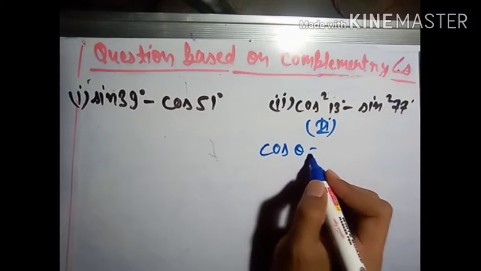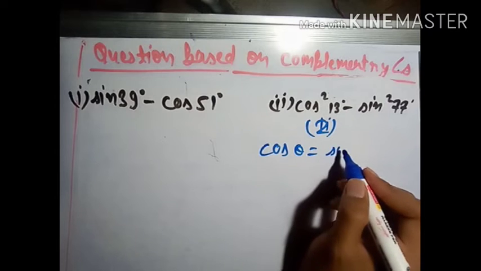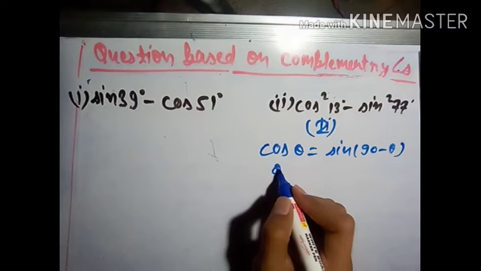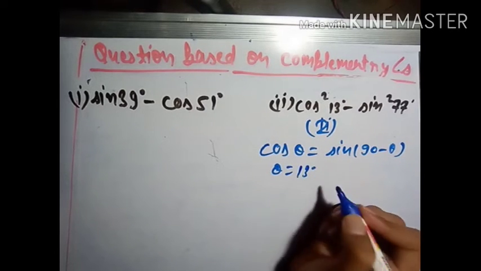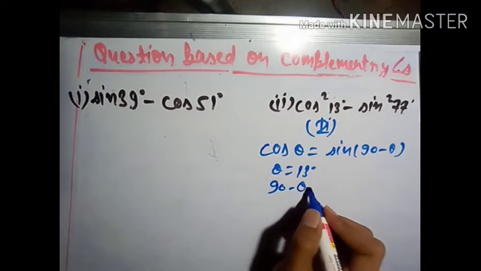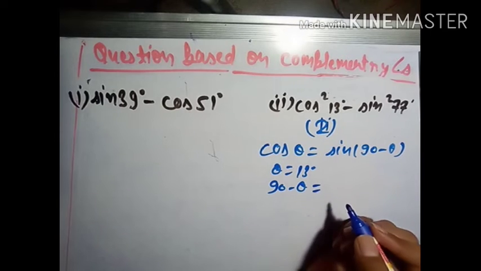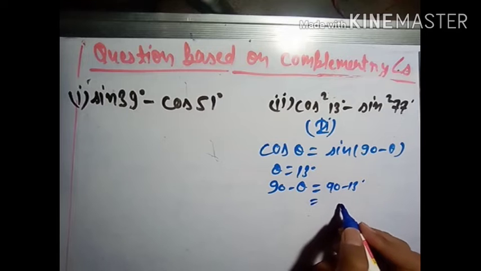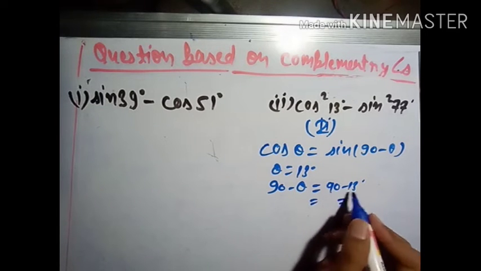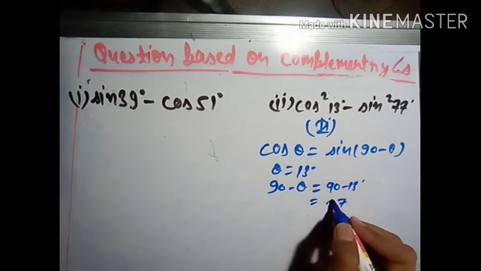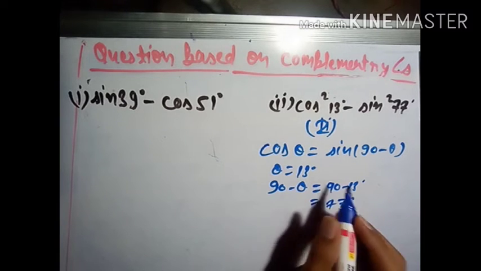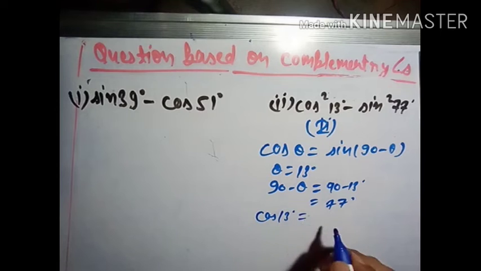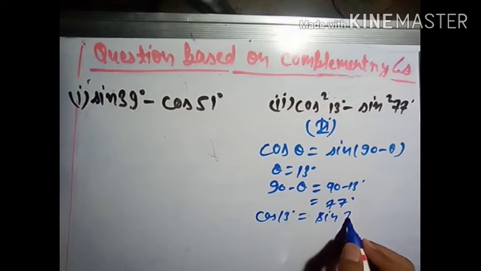Cos theta can be written as sine 90 minus theta, and this time theta is equal to how much? 13 degree. So find its pair. 90 minus theta. How much will you get? 90 minus 13 degree. Subtract it. 10 minus 3 becomes 7, and 9 minus 1 becomes 8, minus 1 becomes 7. So 77 degree. Now write it. Cos 13 degree is equal to sine 77 degree.